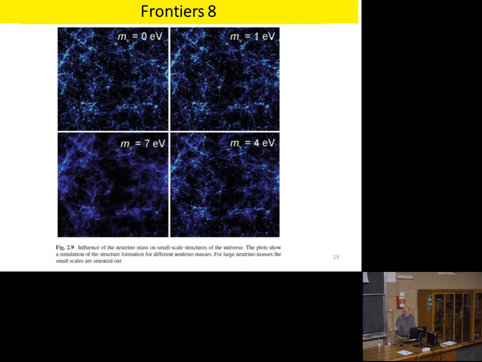For example, what I show here is just a modeling of how neutrinos affect the structure of this measure. This is the influence on what we call the small scale structure of the universe. Different masses, if the mass of a neutrino was 1 eV or 0 or 7 eV or 4 eV, we don't know yet at this scale empirically.